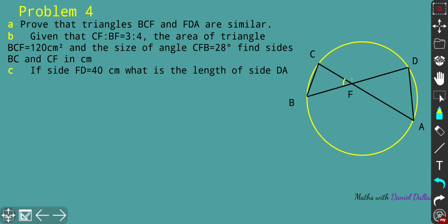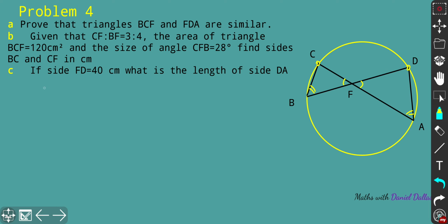First of all, let's have a look at angle F. These angles are vertically opposite, and that's why they're equal. What about angle B and angle A? If you have a look at those two angles, you will notice that they both involve points C and D, and they're subtended by the same arc CD.